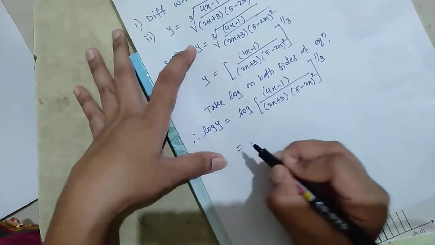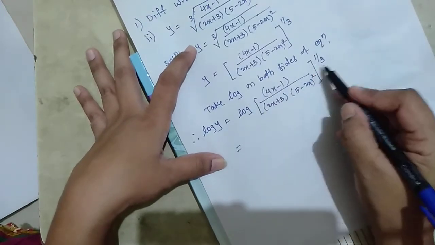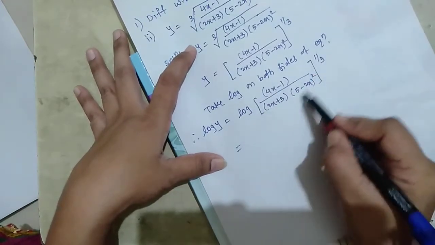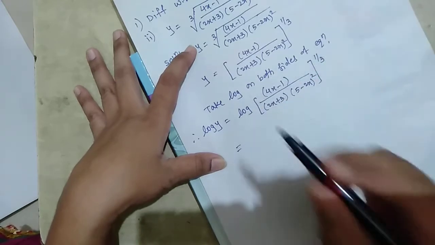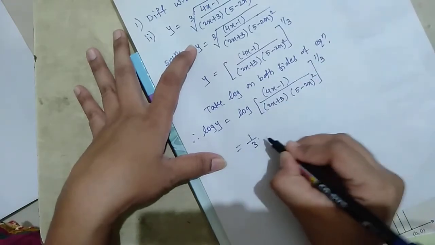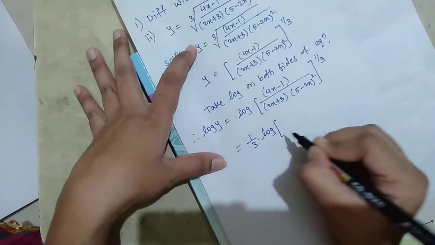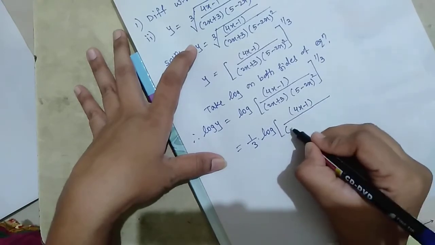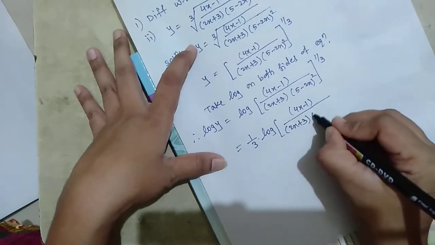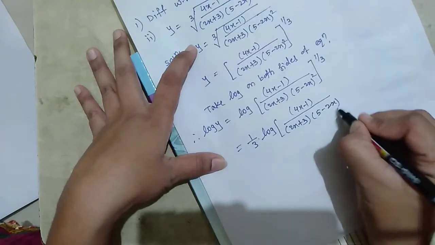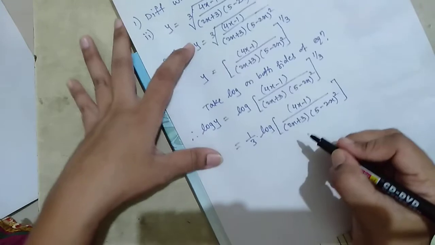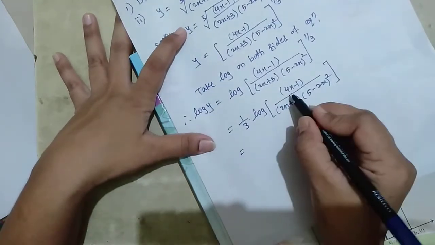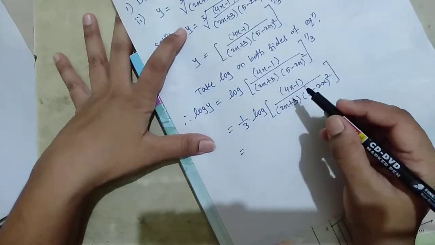Now we know the law of exponent: log of m raised to n, we multiply by n. So it is 1 by 3 into log of (4x minus 1) divided by (2x plus 3)(5 minus 2x) bracket square.